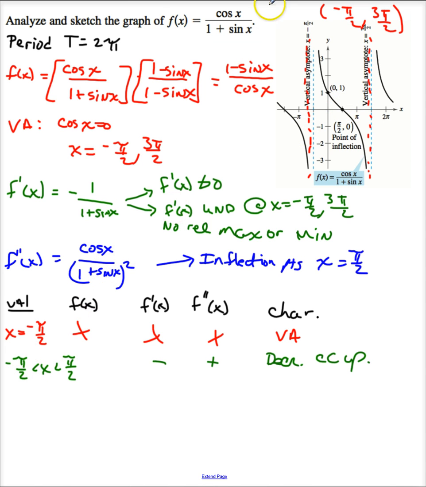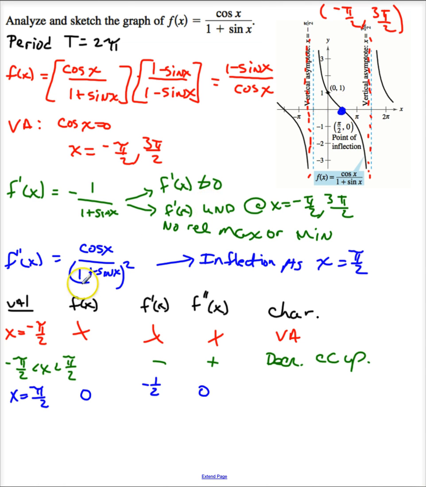Now I really need to see what it is at pi over 2. X equals pi over 2. Then I know f of x is 0. F prime, when I plug in, is minus 1/2. And f double prime is 0. And this tells me not much just yet, except I do have this point right here.